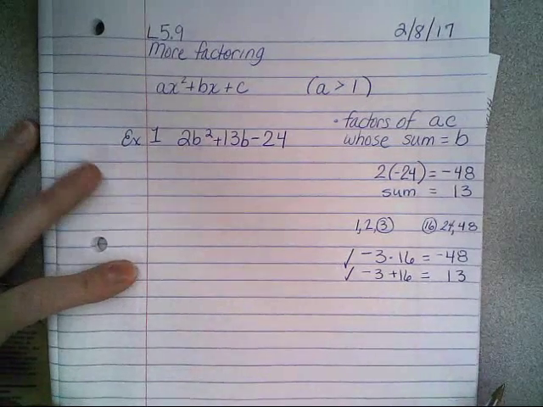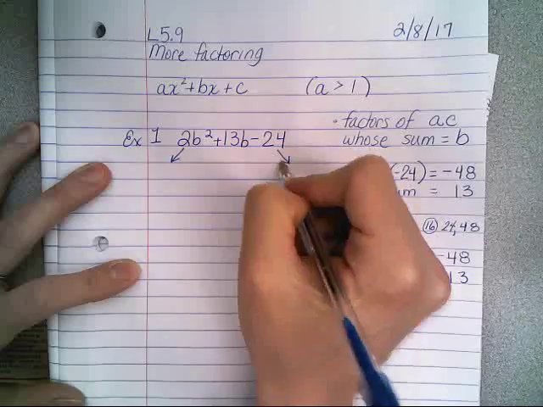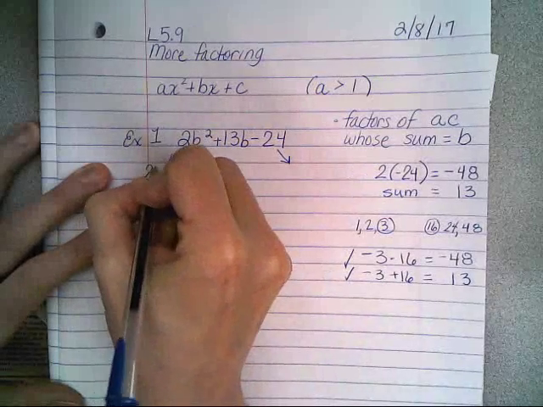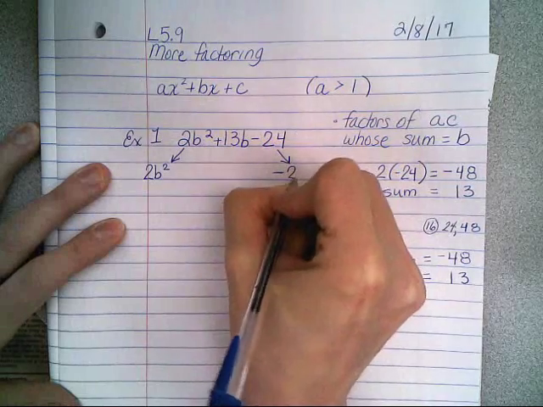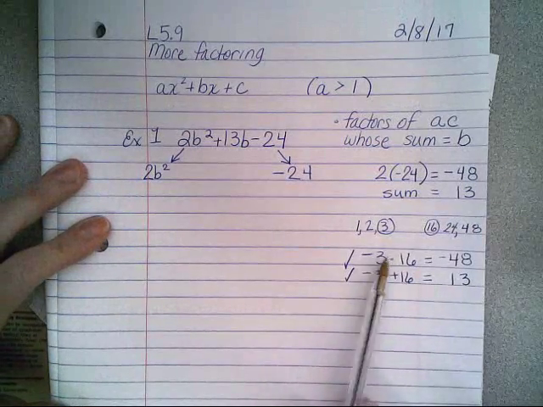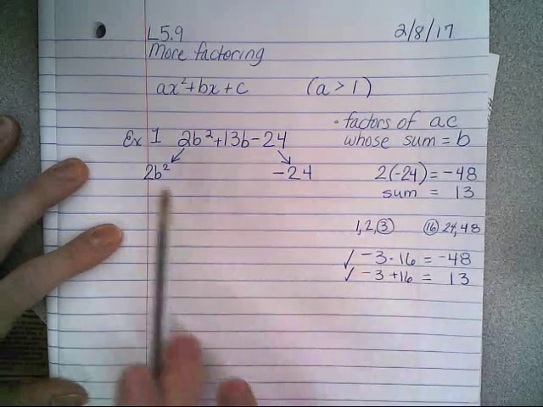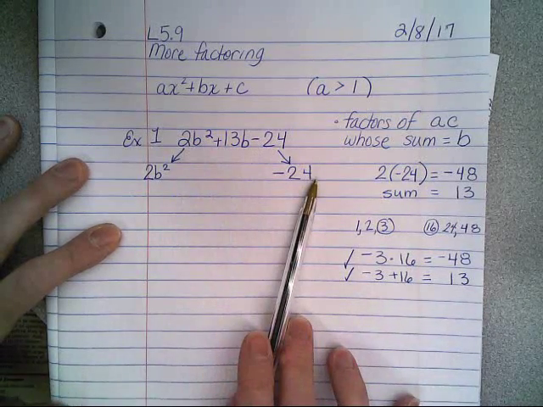So let's go ahead and follow the steps we've known so far, which is bring down the first and the last component, 2b squared minus 24, and insert these numbers next to what they would group most easily with.